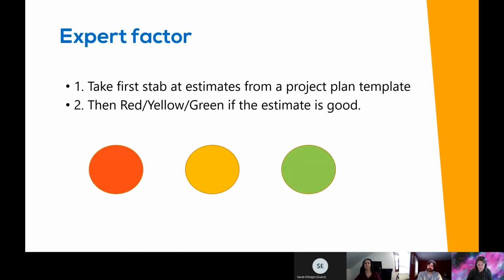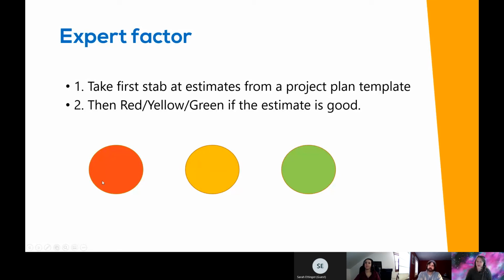Whether this is the list of tasks you need to complete or the amount of time, the fastest, easiest way, with the lowest barriers to entry, is to do a really quick color coding, instinctually: yep, this is good, nope, this is not. And always remember to define for your audience what red, yellow, and green means.